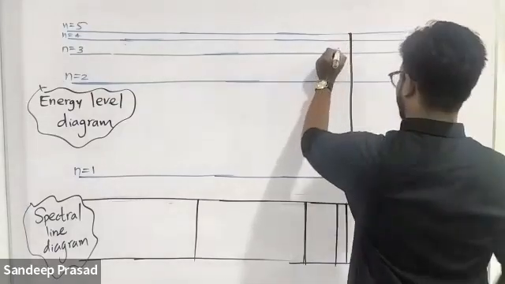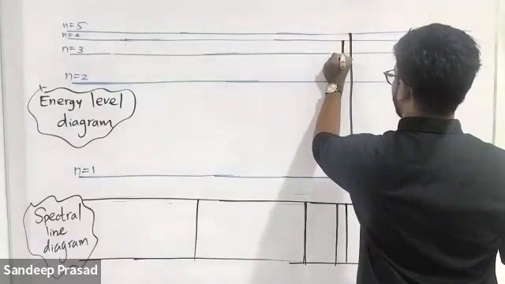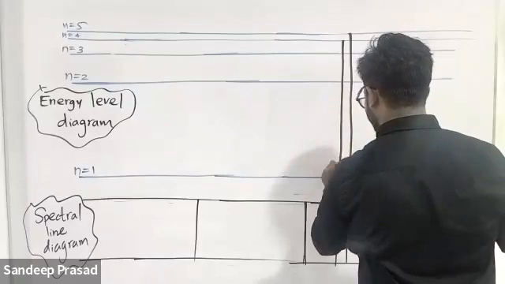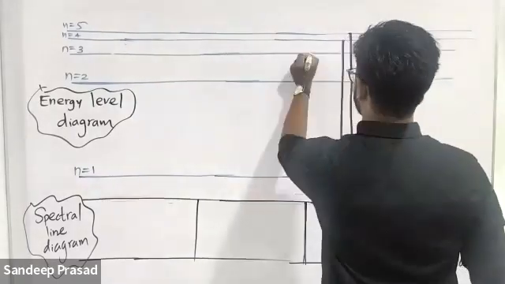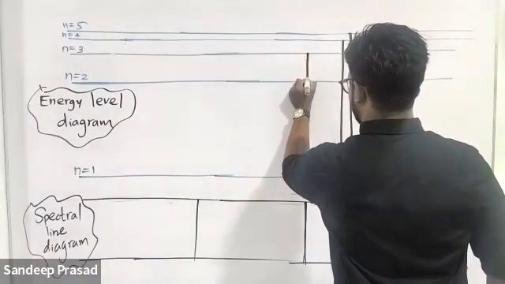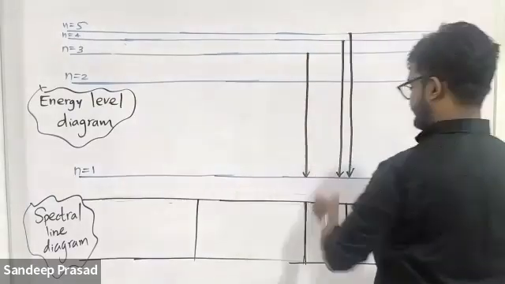And this second spectral line represents the electron transition from n equal 4 to n equal 1. See how easy these things are. This third spectral line represents the electron transition from n equal 3 to n equal 1.